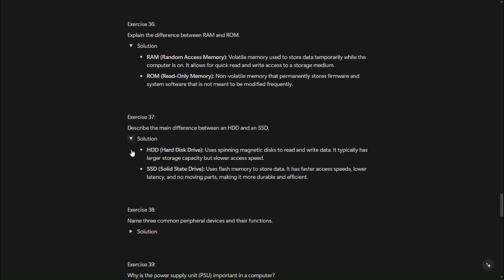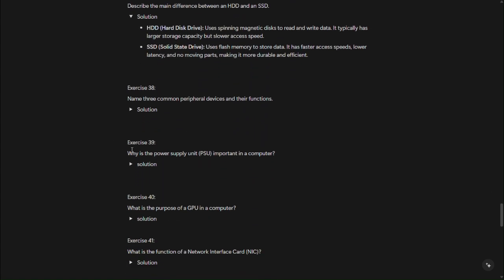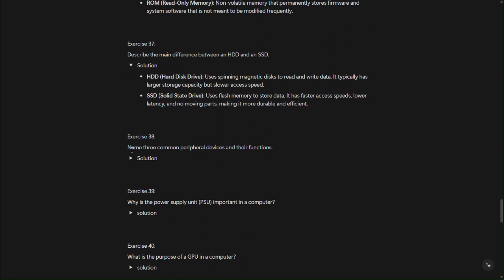37. Describe the main difference between HDD and SSD. The HDD, the hard disk drive, uses spinning magnetic disks to read and write data. It typically has a large storage capacity but a slower access speed.